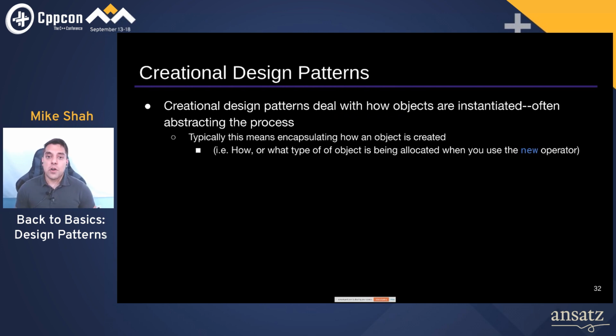Meaning you can call a constructor or some member function, and it'll just take care of how the object's created. It'll figure out what the object is, what the type is, maybe some default values. That's the idea, to remove a lot of that thinking that goes on with the creational design pattern. Or rather than remove the thinking, just make it so it does the right thing that you intended.